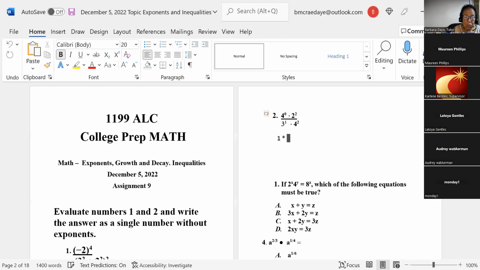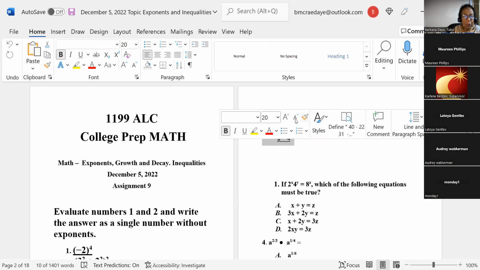Okay. What's 2 to the second power, Maureen? Yes, it's 4. That's right. 2 times 2. So you got 1 times 4, right? So let's go to the denominator. That was the numerator. Let's put that there. What's 3 to the first? Oh, I'm sorry. Let me make this bigger. Sorry, Audrey.